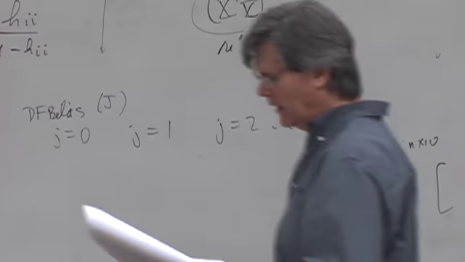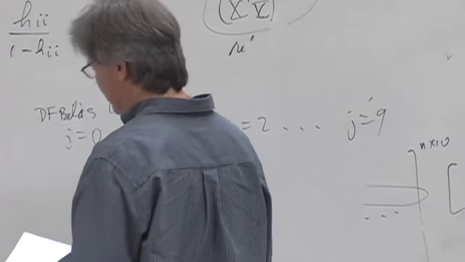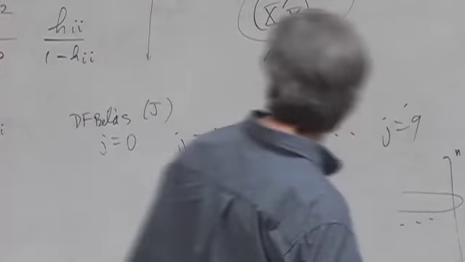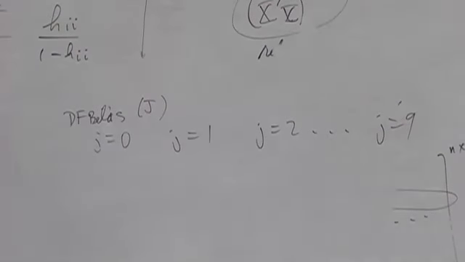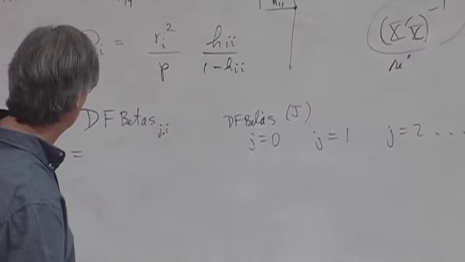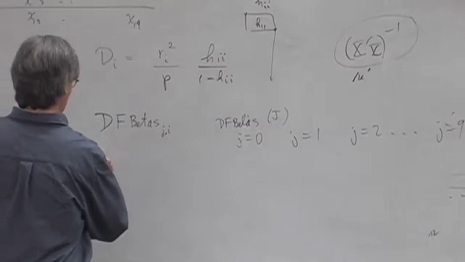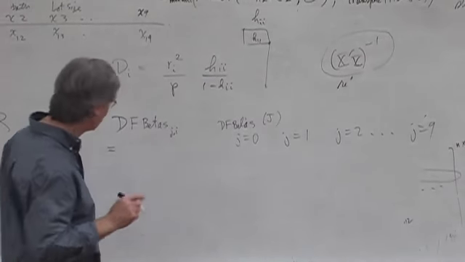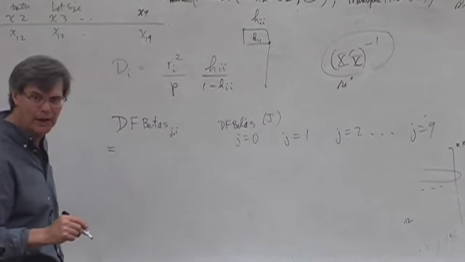And how do you actually calculate that? The definition of DFBETA of ji: it is how many standard errors the beta changes by.